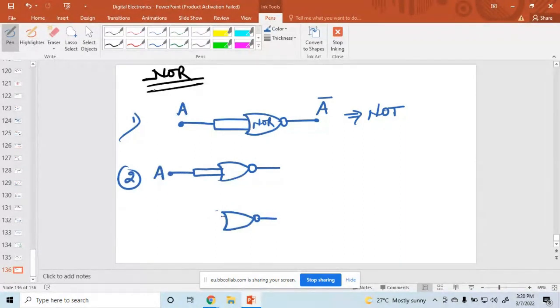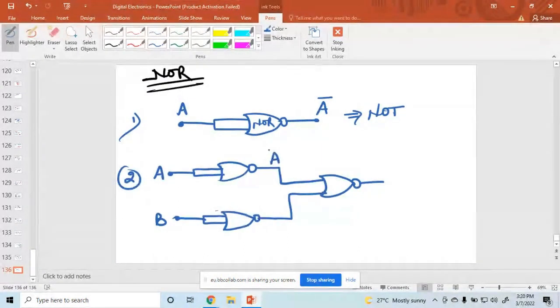Only A is the input here, and only B is the input here, and again one NOR gate is connected. What is the output here? Output is A bar, and here the output is B bar, and this is OR invert. So A bar plus B bar whole bar, then apply De Morgan's law, and the value is A into B. So this works like an AND gate.